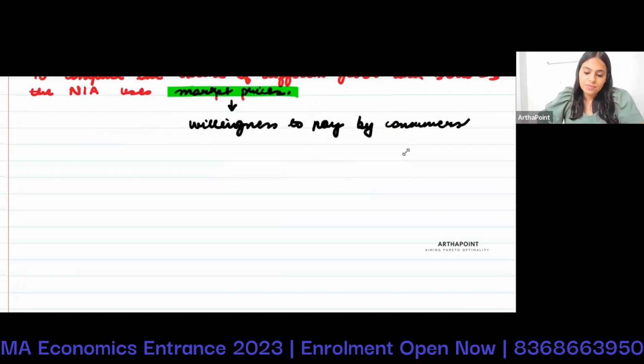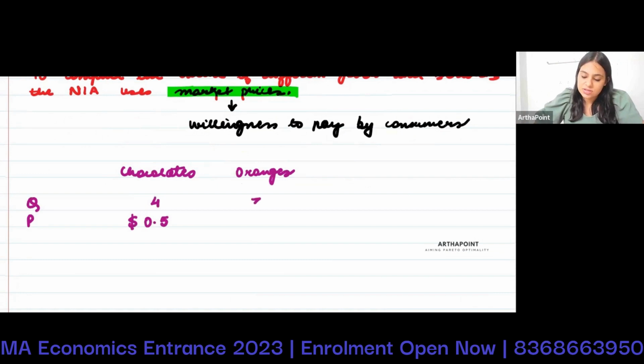So let's take an example. Let's say I take chocolates here. And let's say I take oranges here. Just an example. And let's say that this is the quantity and this is the price. So this is 4. This is $0.5. This is 3. This is $1. So what will be the GDP?